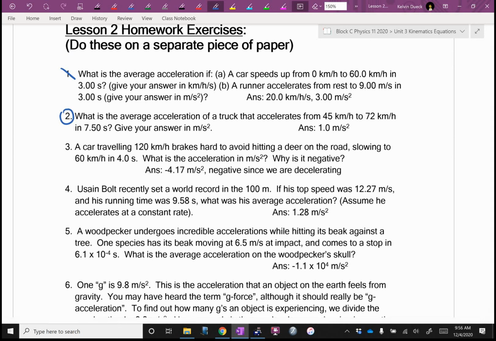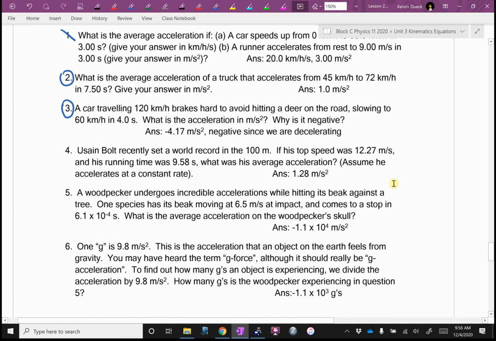Number 3 I'm going to give you as well, but you'll have to convert the kilometers per hour to meters per second first, please. I think 3, the fact that you're slowing, Hannah, are you going to get a positive acceleration or a negative acceleration if you're slowing down? If I get a negative on my calculator, I won't freak out. I'll relax. Okay? We're going to skip 4.